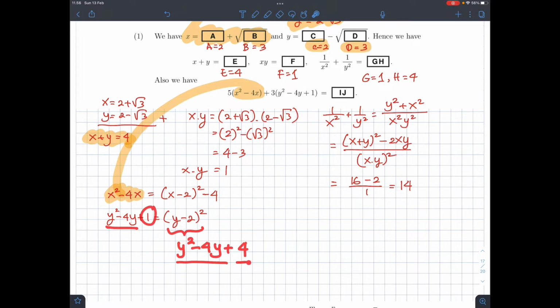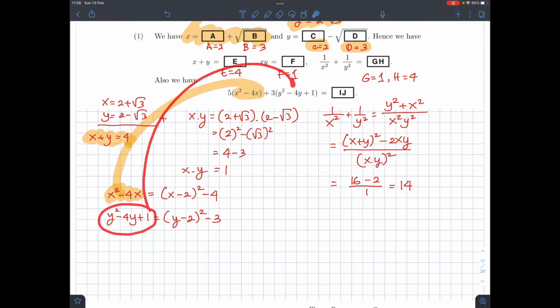So to make the right hand side like the original form, we need to subtract 3, right? Because 4 minus 3 is 1. So I put minus 3 here, and I will also replace this here.